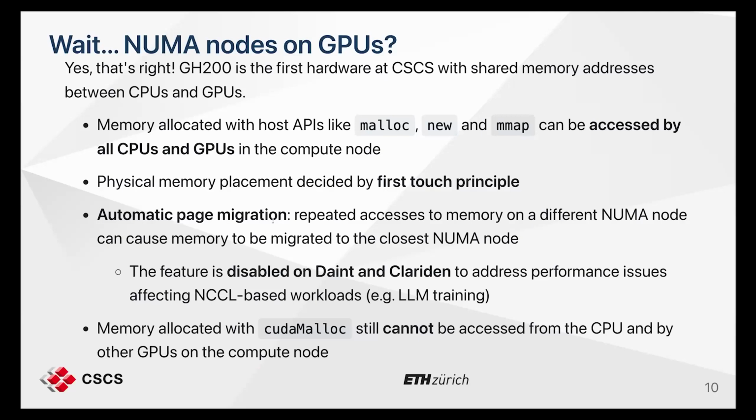So it's better to move this memory closer to the GPU, to the NUMA node, and that's what automatic page migration does, right? The thing is that most probably you received the information yesterday that this feature is now disabled on Daint and Clariden, and that's done to address performance issues for NCCL-based workloads, like, for example, LLM training.